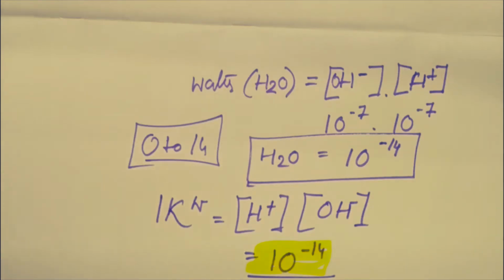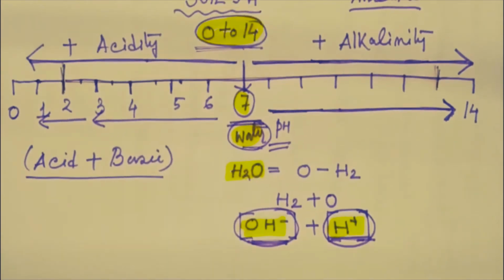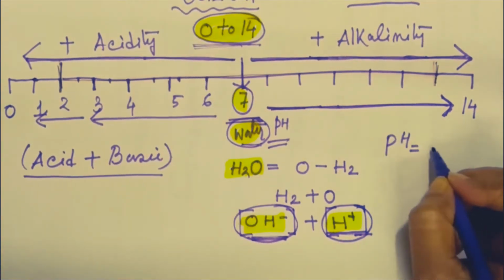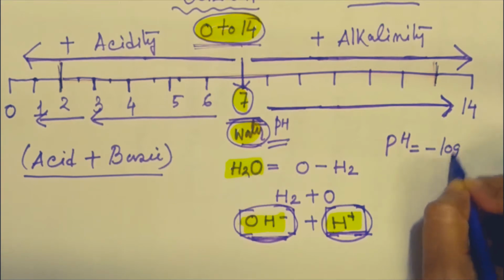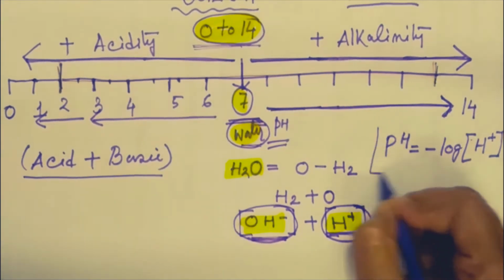Now come to the point of what formula is used in the calculation of pH. Normally the pH value of the soil or any solution is calculated with the help of a formula: pH is equal to minus log of the hydrogen ion concentration.